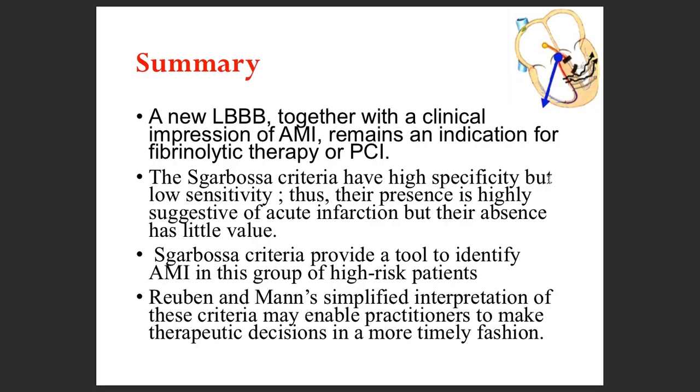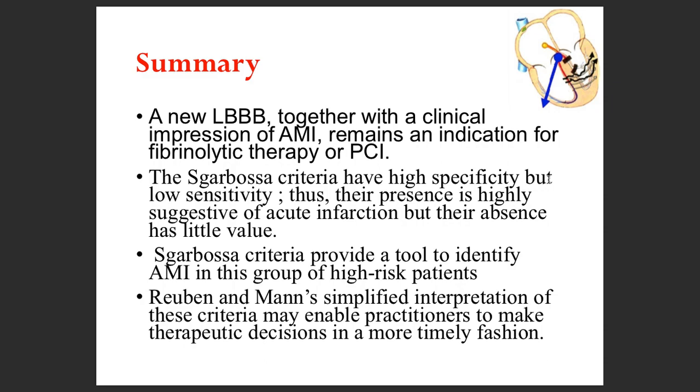And the Sgarbossa criteria, as I already said, is wonderful, very highly specific, but not so sensitive. That's what we should always keep in mind. And whenever there is a high-risk patient, those two subsets of patients we are supposed to be careful for are people with comorbidities and people who are older.